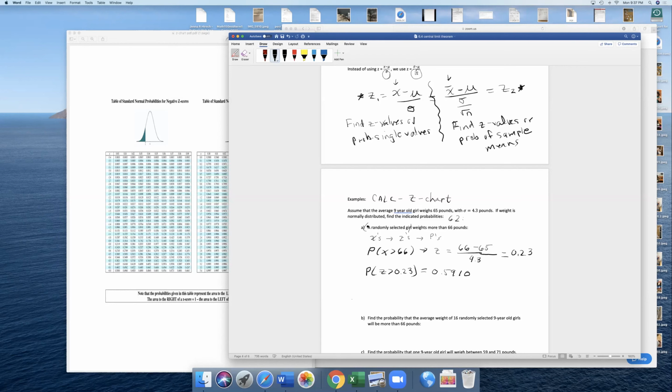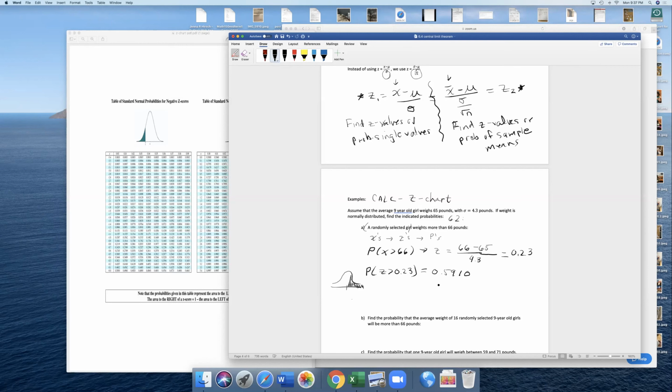Now also remember that z charts give us area to the left. And when we say find the probability that z is greater than 0.23, this is actually area to the right. So we're looking for this area to the right to find the probability that z is greater than 0.23.